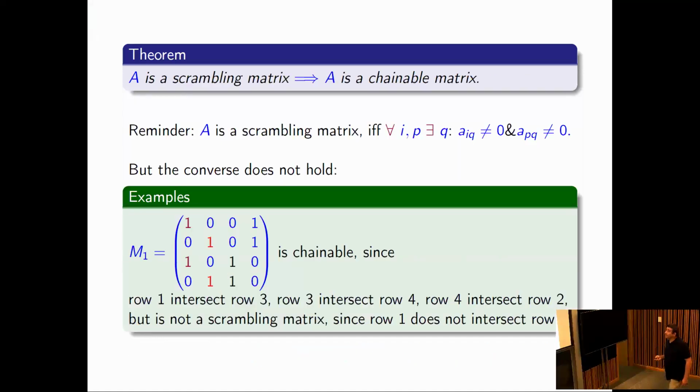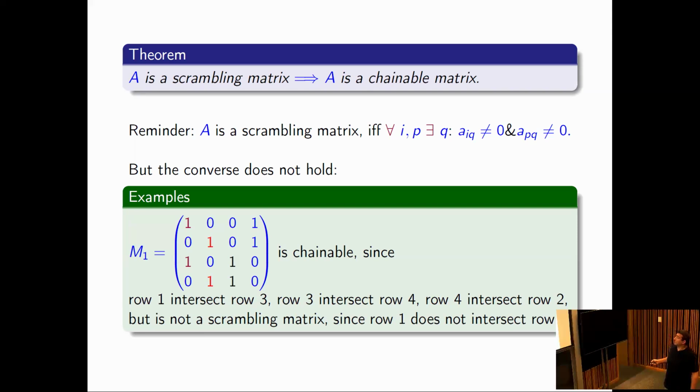So again, coming back to scrambling matrices, if my matrix is scrambling, of course it is chainable, but certainly not the other way around, because, for example, here, those who play chess immediately see that one could go from row 1 to row 3. Row 3 could go to row 4.